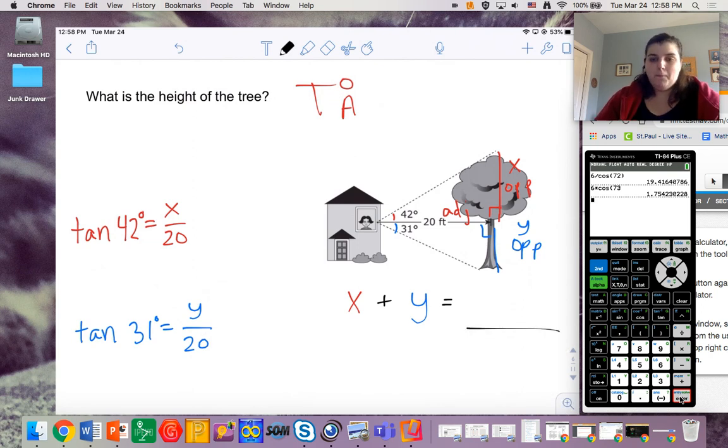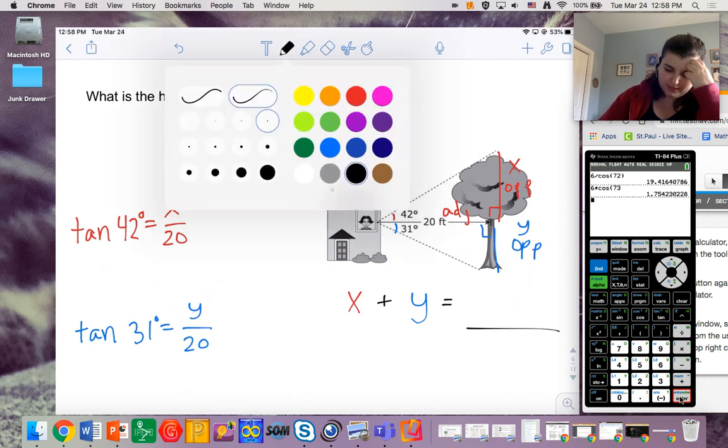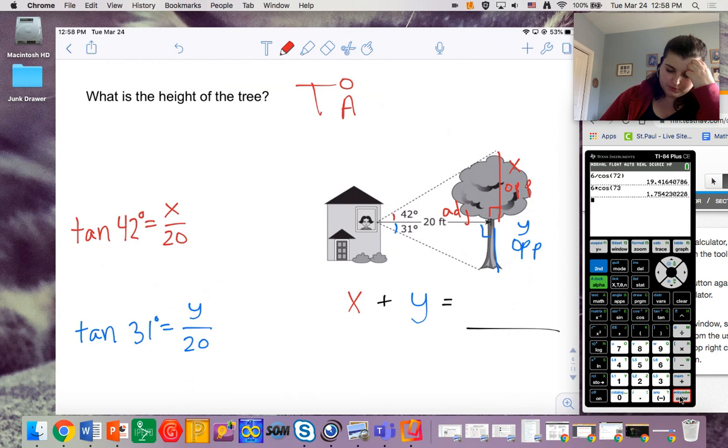All right. Okay, so in both of these cases, x is in the numerator, so I'm multiplying. So 20 times tangent of 42. 20 tangent of 42 equals 18.